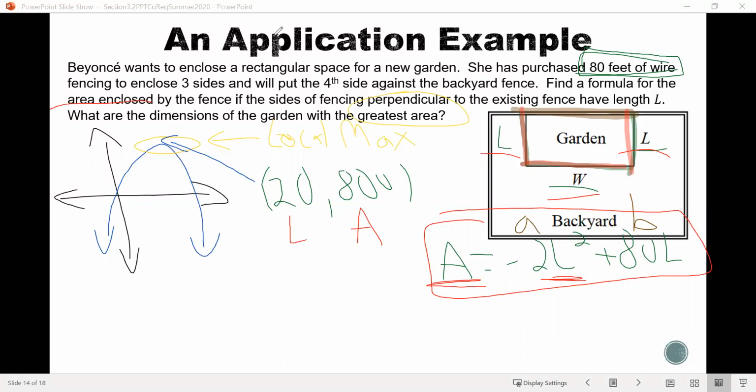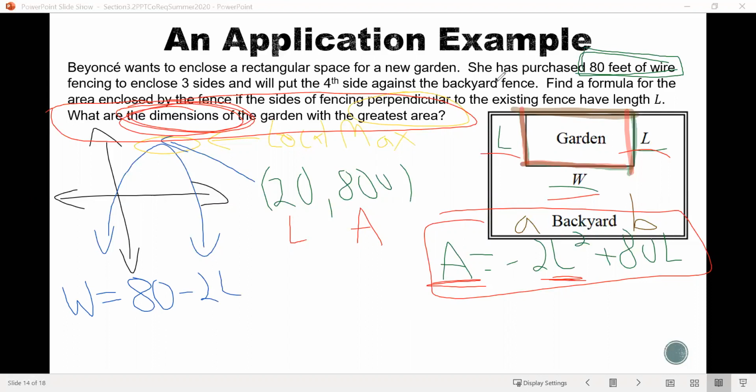However, that does not answer our question yet, right? Because we're trying to find the dimensions of the garden. So we have the L, the length dimension. What are we still missing? The width. And luckily we have a formula that relates W and L. If you remember back a few minutes ago, we had that W equals 80 minus 2L.